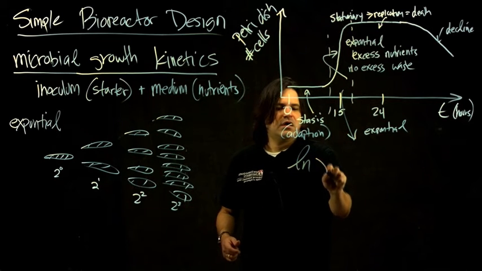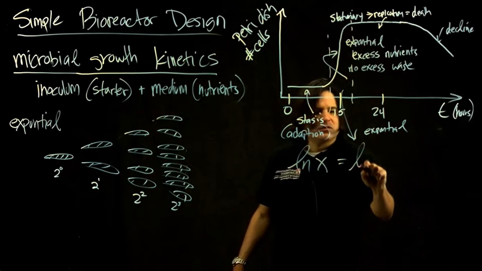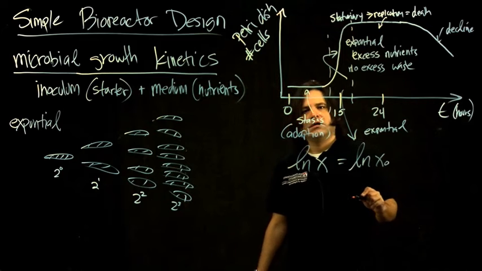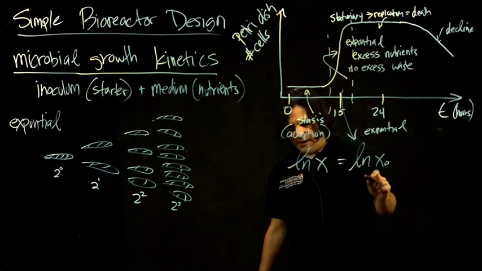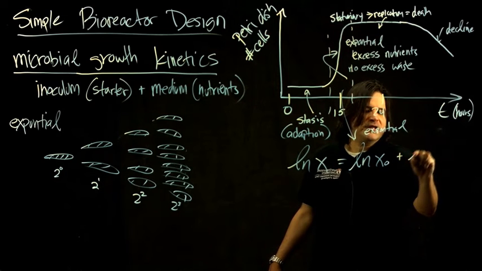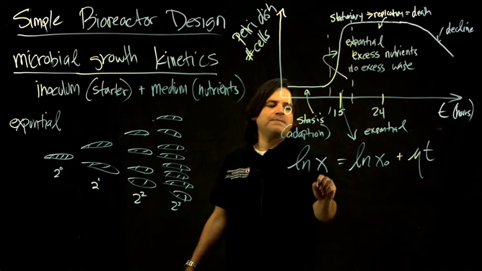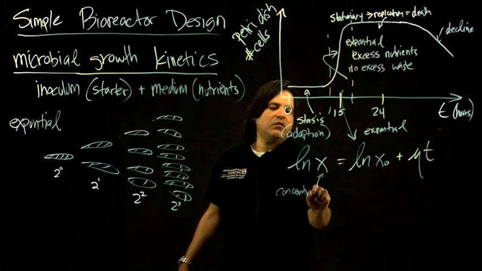The natural log of the concentration equals the natural log of the starting concentration, the starter inoculum, then it grows by some rate. Let's call it mu. So this will be the concentration over the period with time.